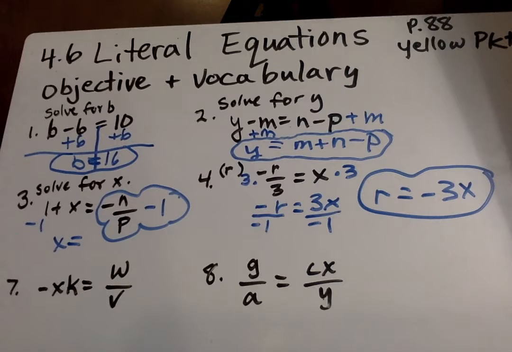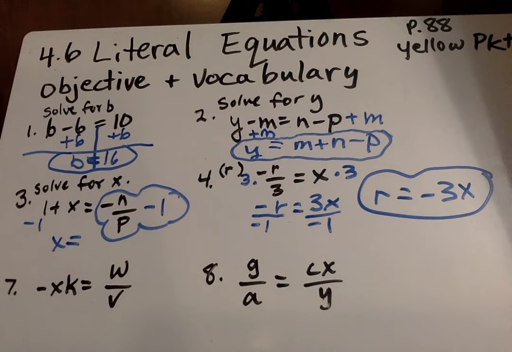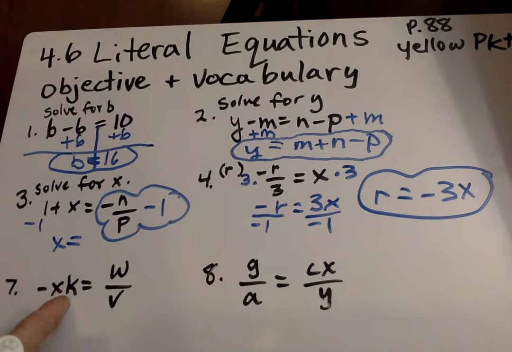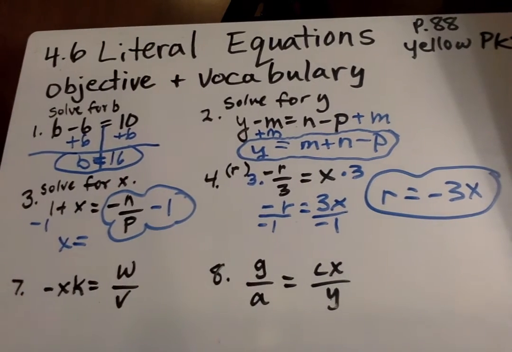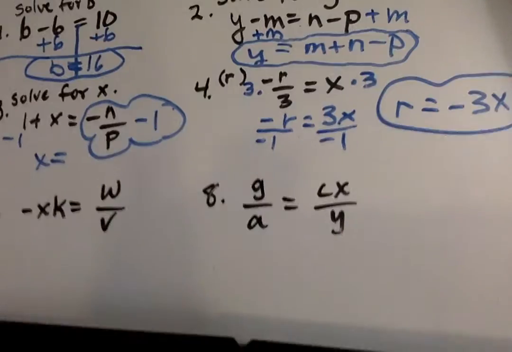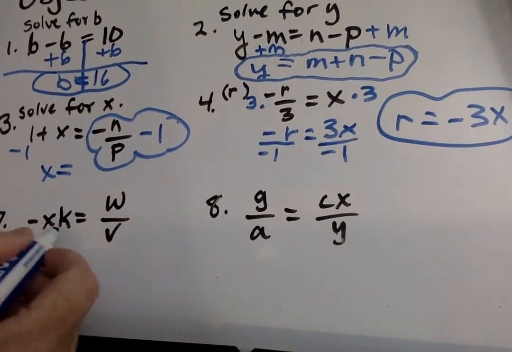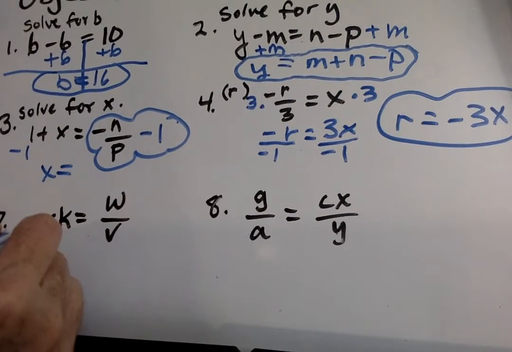Okay. All right. 7 and 8 are a little bit of a trickster. On 7, we're going to solve for x. So we have to get rid of this negative, and we have to get rid of the k. So it's negative 1 times x times k equals w divided by v. The next thing we have to do is divide by k.